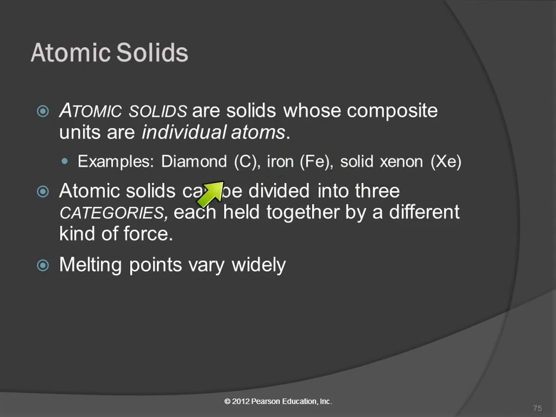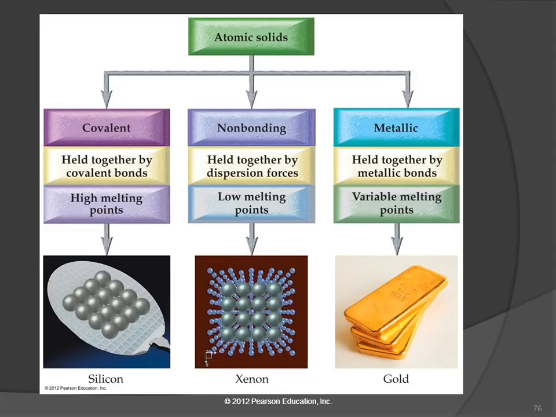These are all atomic solids. And these can be divided into 3 more categories depending on what force is holding those atoms together. The melting points of atomic solids vary widely. So here's taking one of those groups from the previous picture, the atomic solids, and that can be divided into 3 groups.